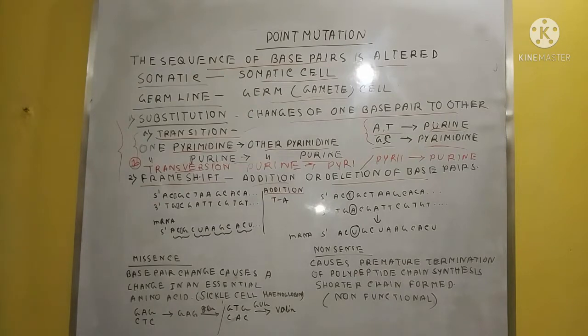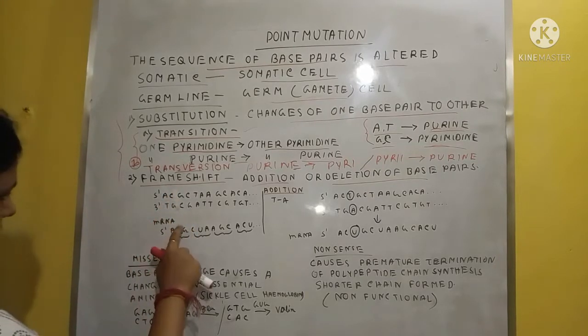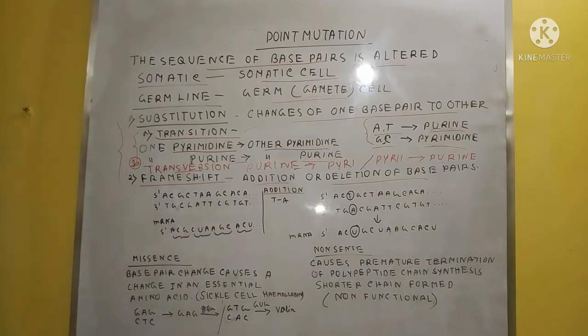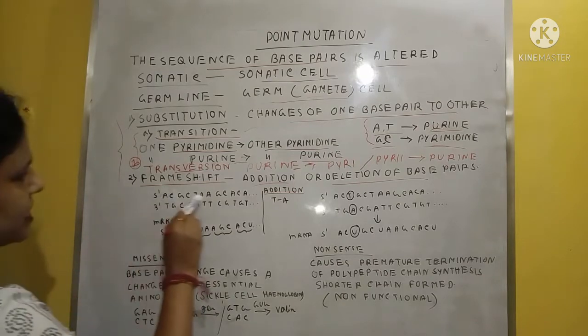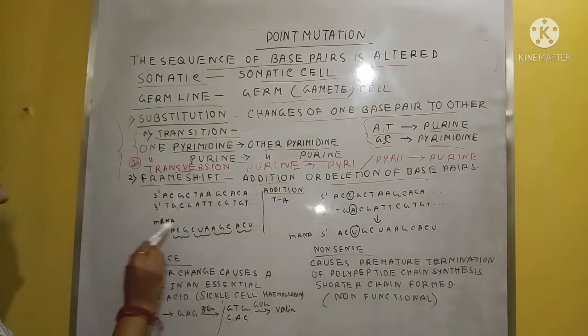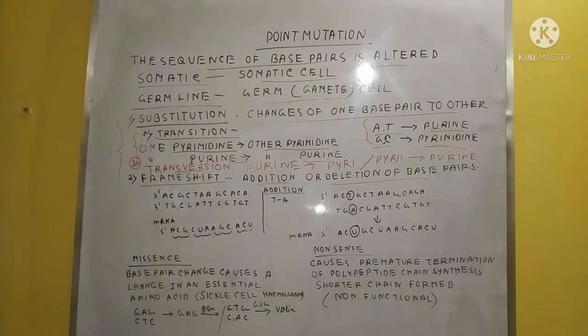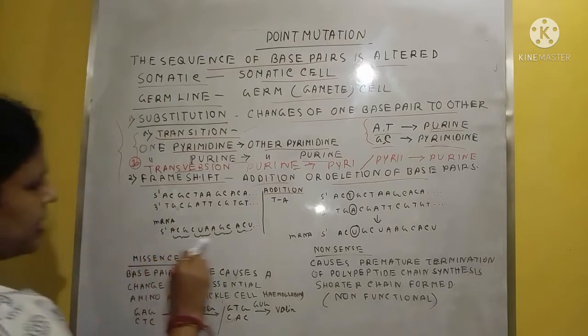So first of all I just rub this. You see this is the sequence of base pairs, and from this the mRNA is formed, continuing in the 5 prime direction.